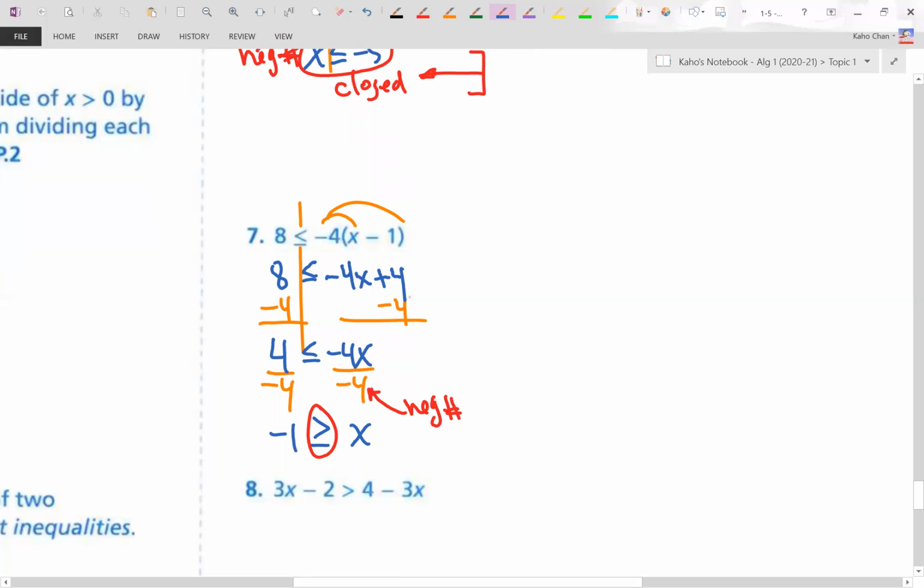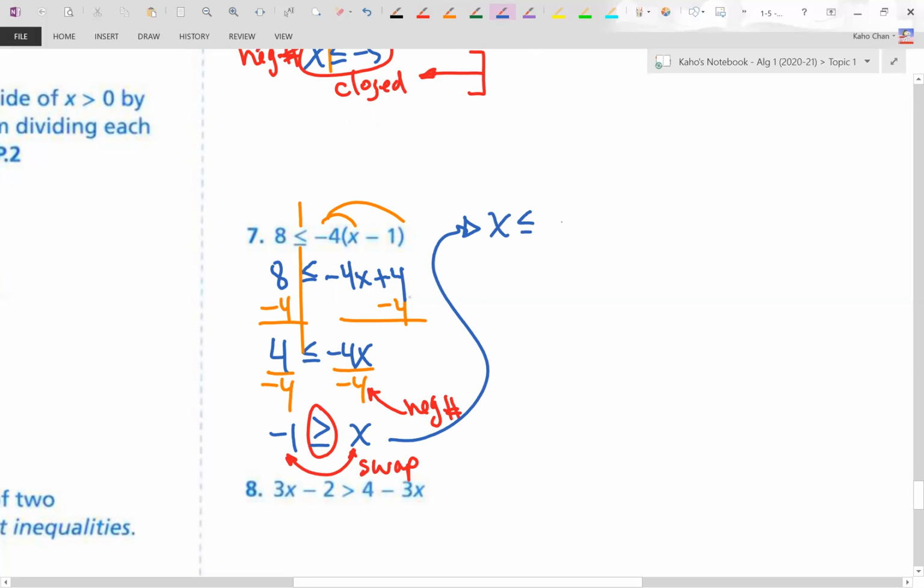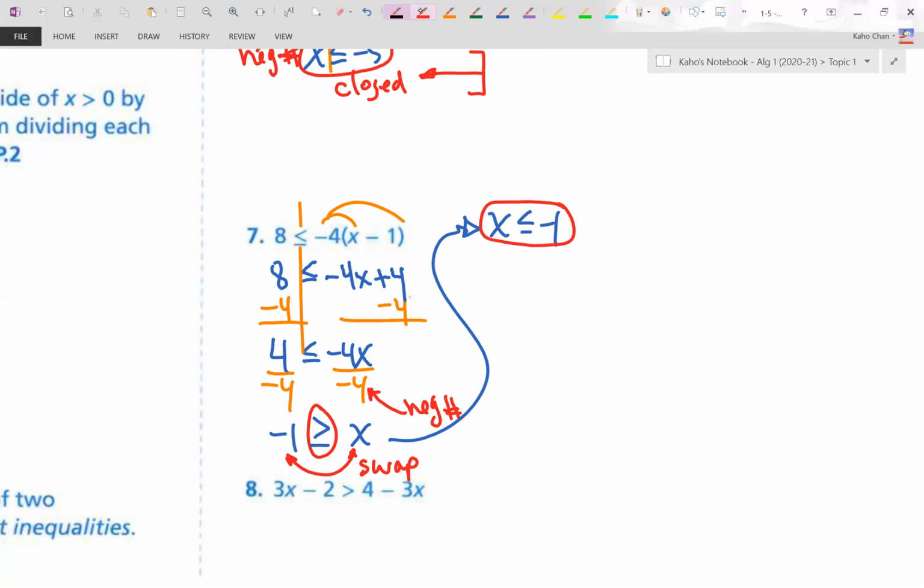We don't read that backwards, do we? So we're going to do a little swap. Let's do it. X is now going to be less than or equal to negative 1. There's your answer.